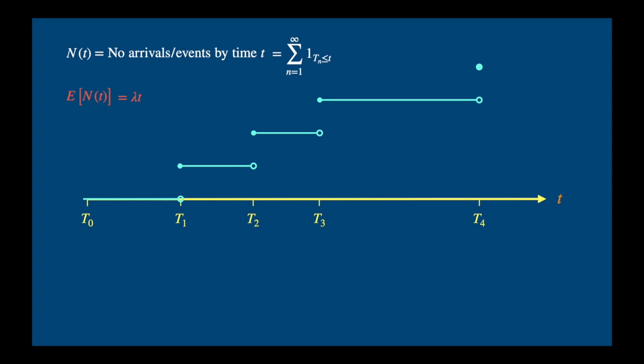So the mean increases linearly with the length of the interval. Now what happens if we subtract the mean from the process value? The average part is easy because changing the sign just reflects the red line along the x-axis. For the stochastic part, we just need to add 1 to this line at each arrival time.